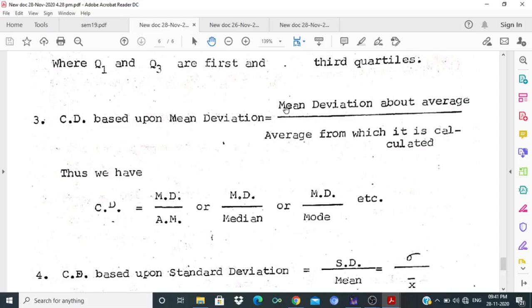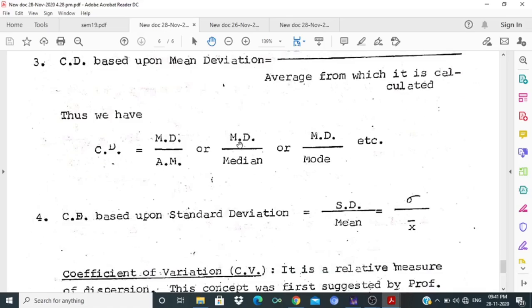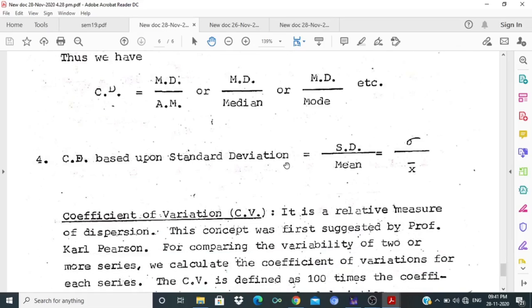Here the mean deviation divided by the average from which it is calculated gives us the coefficient of dispersion based on mean deviation. We have MD by mean, or MD by median, or MD by mode. The coefficient of dispersion based upon standard deviation is nothing but the standard deviation divided by the mean, sigma by x bar.